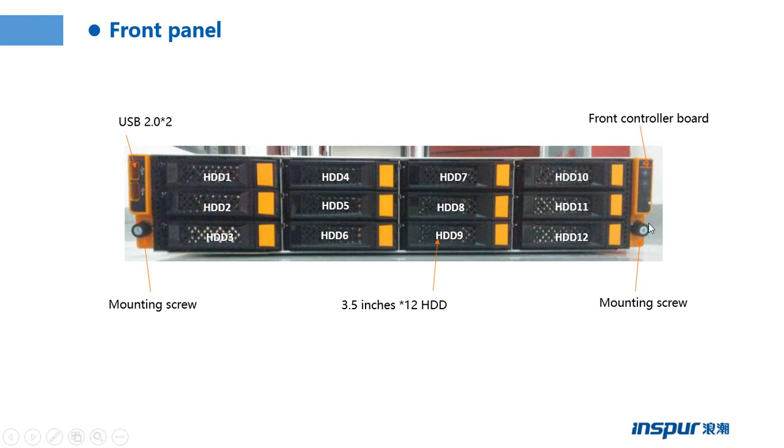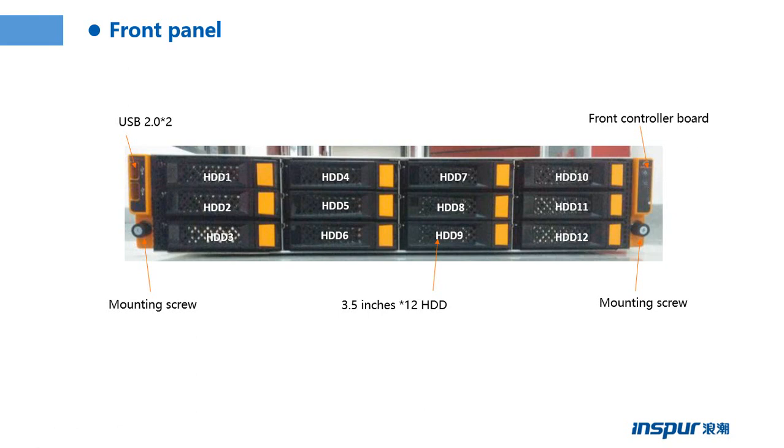This one is also the mounting screw. This one is the front controller board. We can see the power button. We can press the power button to power off the server. This button is the UID button.